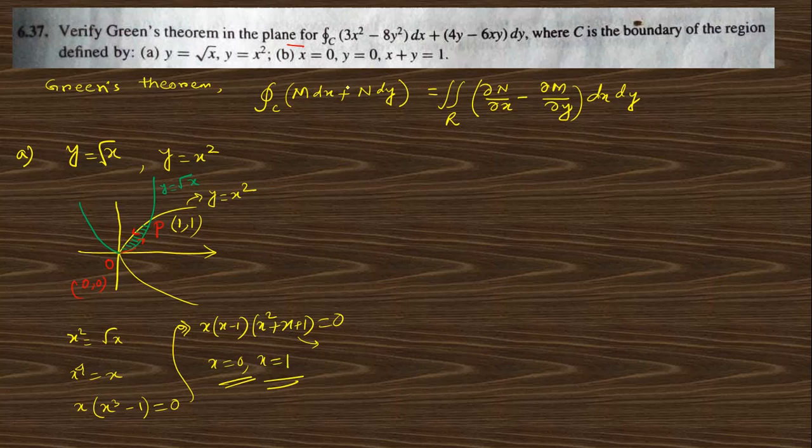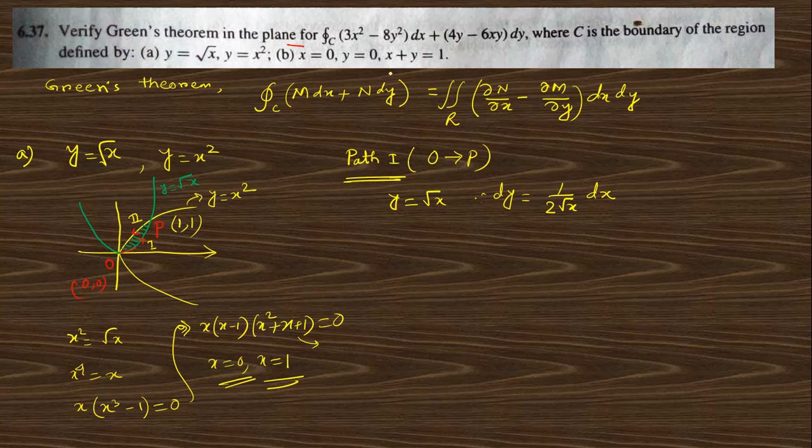To solve the contour integral we take this as path 1, and this as path 2. For path 1, that is O to P, the equation will be y equals root x. So you can say dy is nothing but 1 by 2 root x dx, right?